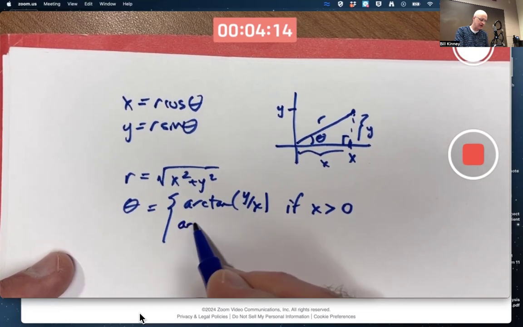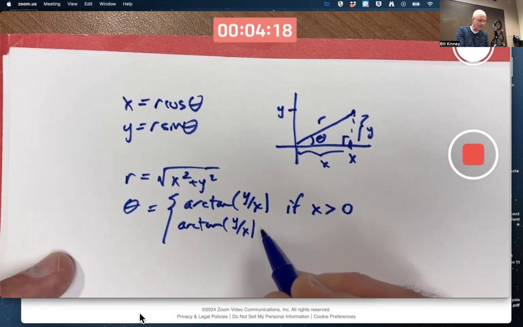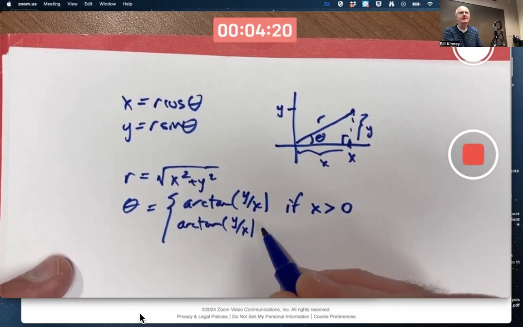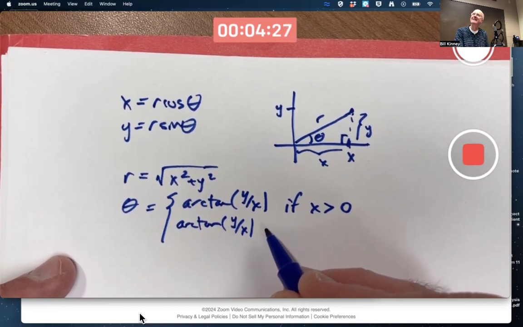It's actually arctangent of y over x plus or minus pi.